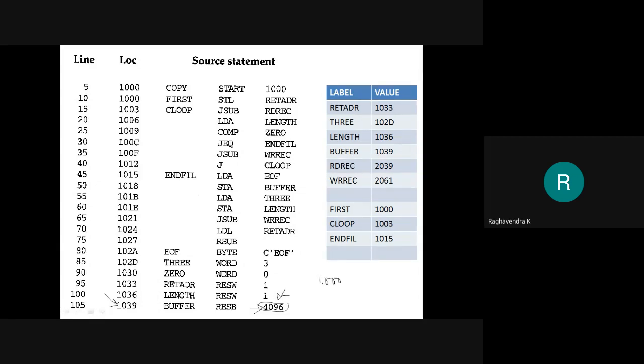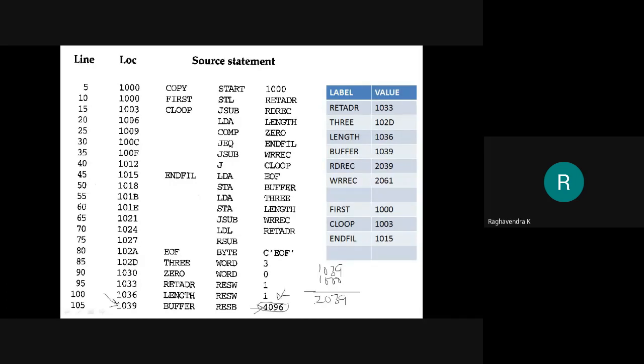So the next address after the last statement is 1039 plus 1000, so it is 2039. Got it?